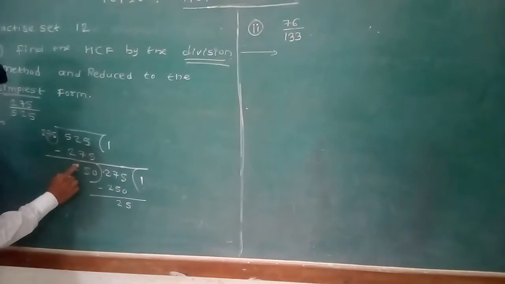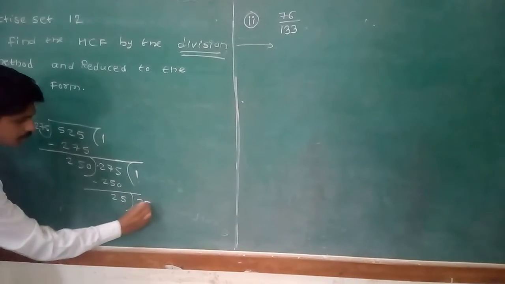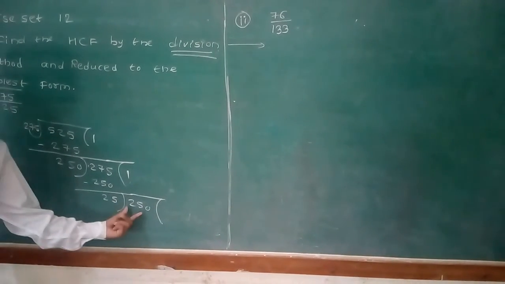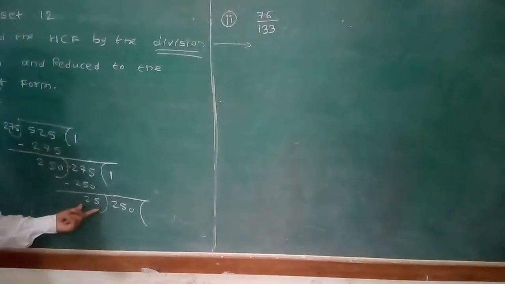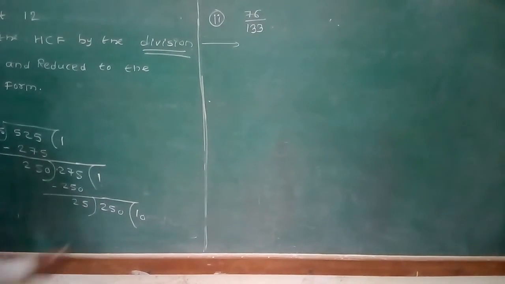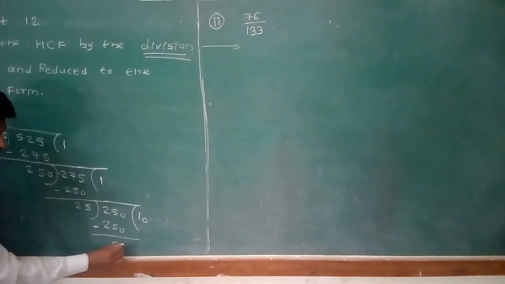In these two numbers, the bigger number is 250. Now 250 divided by 25, the quotient is 10, and here 250. By subtraction we get 0.